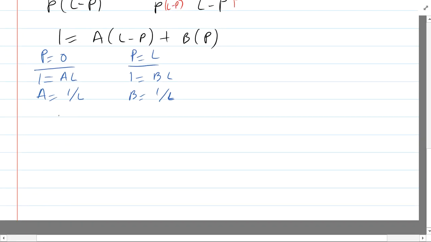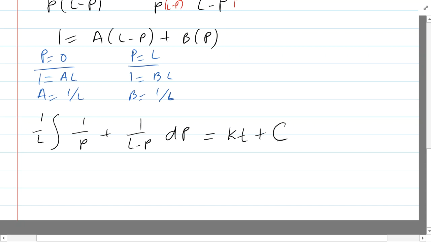It becomes the integral of 1 over L times (1 over P plus 1 over L minus P) dP equals, what's the integral of K dt? KT plus C.